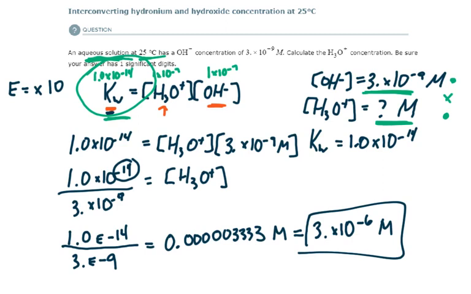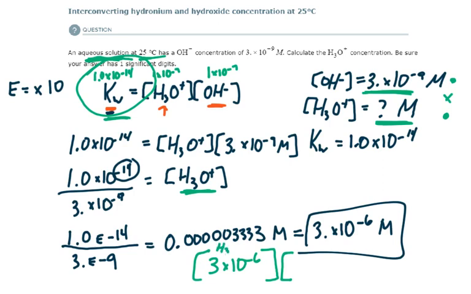So all that is to say that we can actually check our answer to make sure that it is correct. How can we do that? I can take this concentration, 3 times 10 to the minus 6, which is the concentration that we have found for hydronium, and I can multiply it by the given concentration of hydroxide.